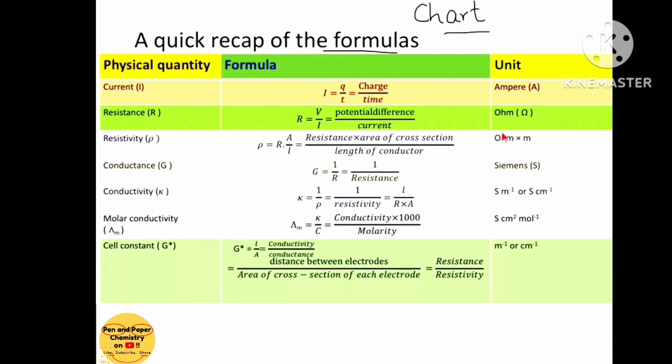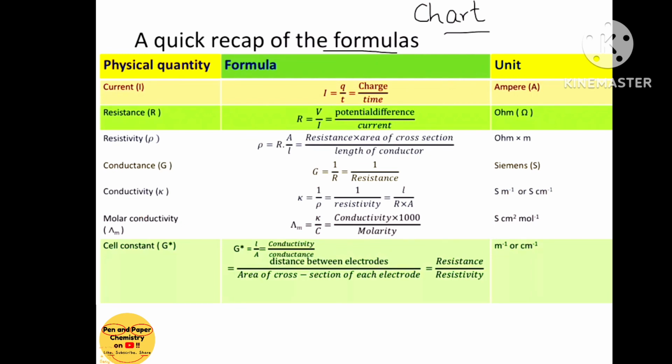The unit can be ohm into meter, or it can also be ohm into centimeter. Conductance is reciprocal of resistance, unit is Siemens. Conductivity, denoted by kappa, a small k, is 1 upon rho, that is 1 divided by resistivity, unit is Siemens per centimeter or Siemens per meter.